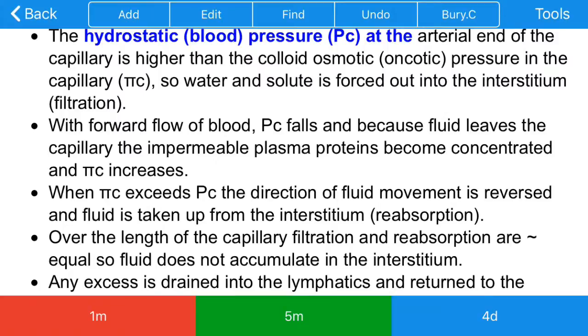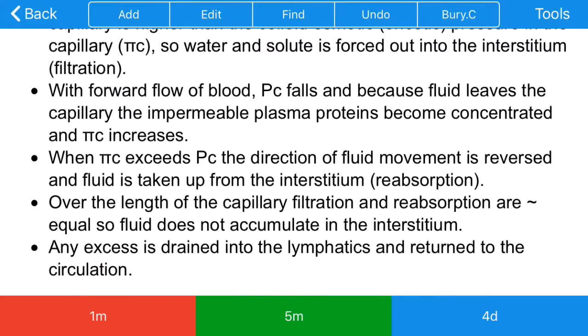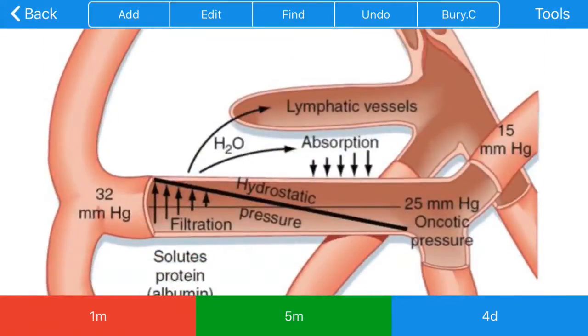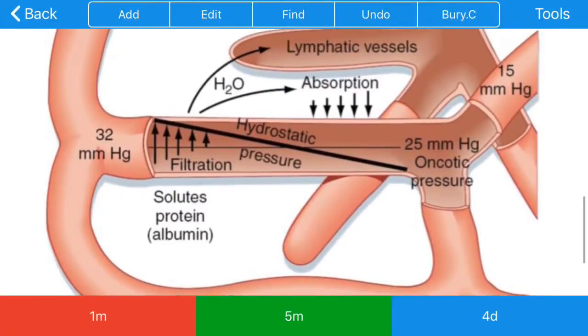The pi C exceeds the PC. Pi C is the colloidosmotic pressure. Eventually the hydrostatic pressure is going to, oh yes, okay, that's the whole idea.